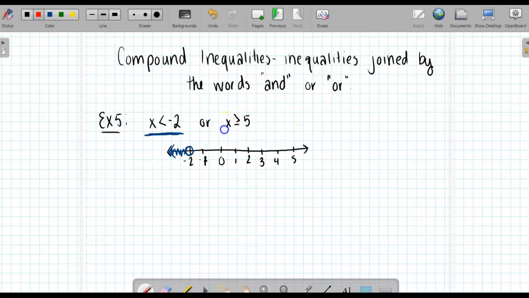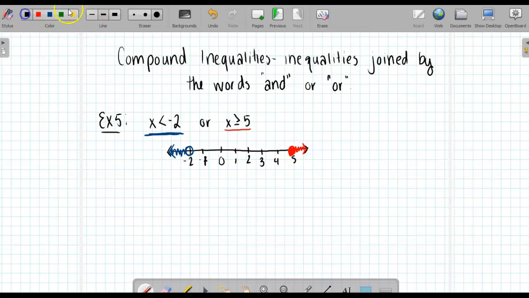Whenever I graph X is greater than or equal to 5, I'm going to have a closed circle here at 5, and then I'm going to shade to the right. So whenever I have the answer to this graph, it is just both parts of this graph because either one of these could be true.